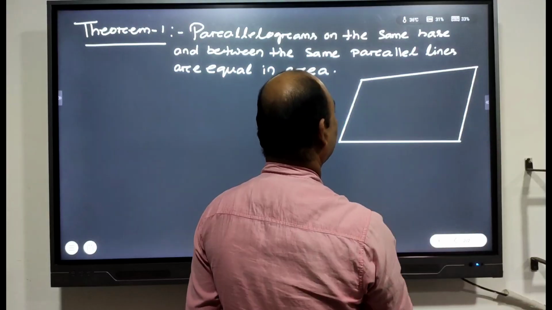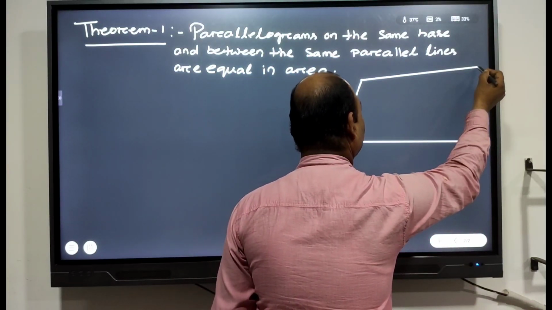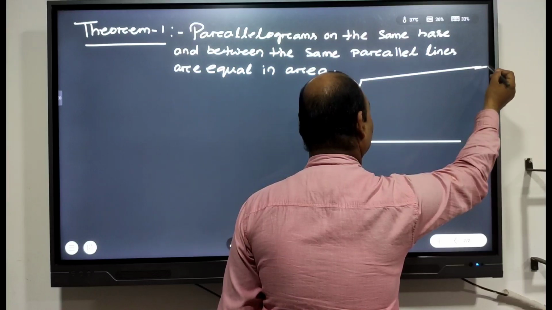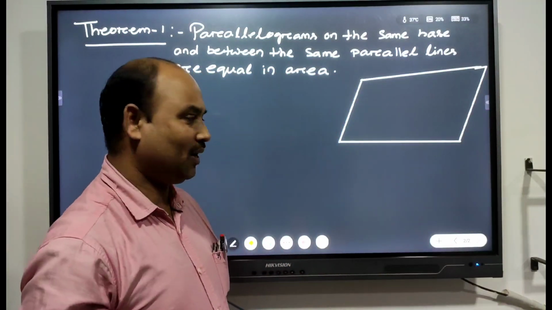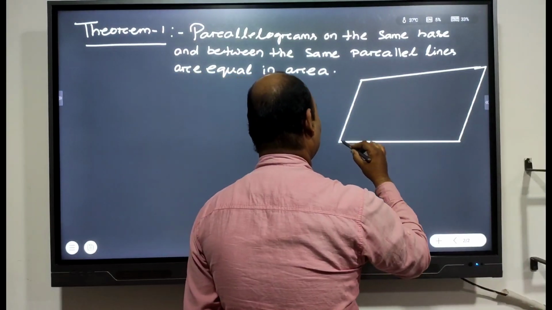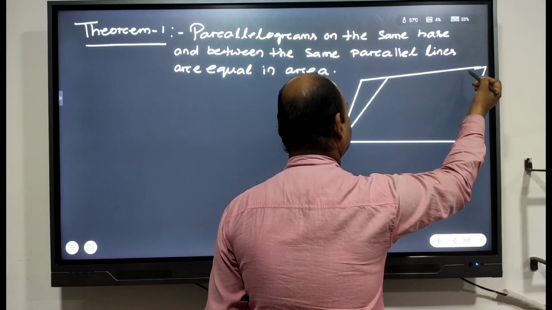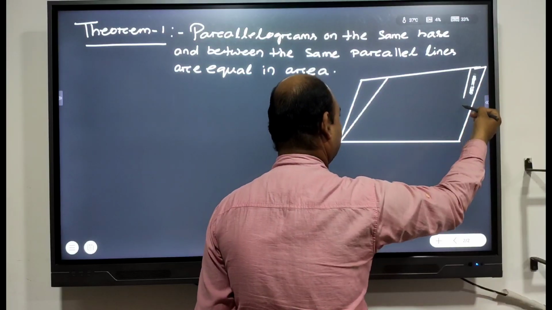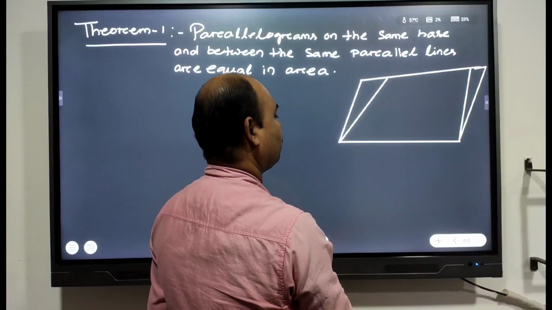In a parallelogram, we know that the opposite sides of the parallelogram are equal. Here we will draw it.